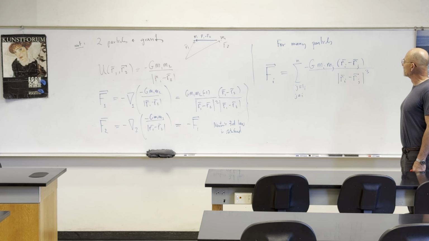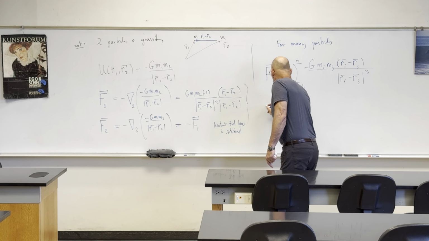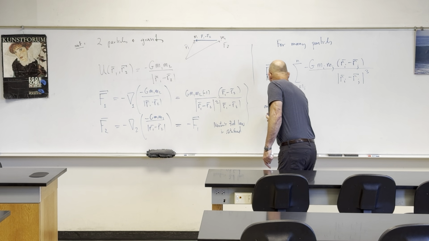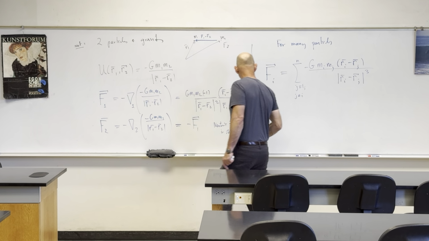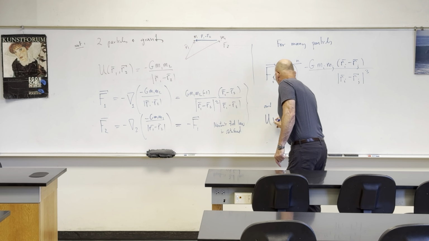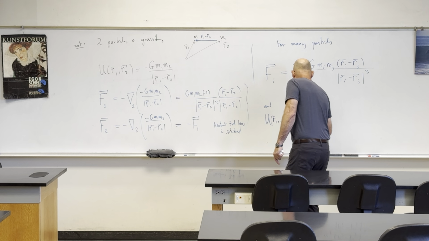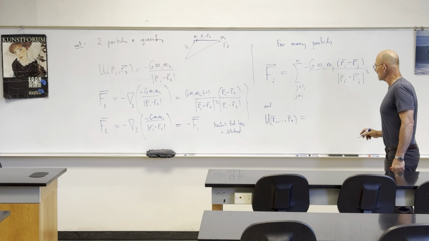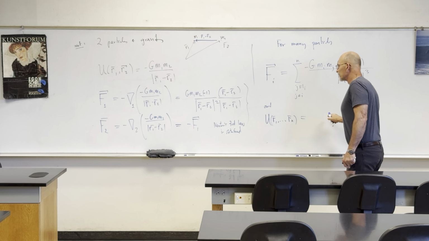Now see, this was u of R1 and R2. We're going to do u of R1 all the way out to Rn. Now this one's kind of tricky. You're going to leave some room out front, okay?